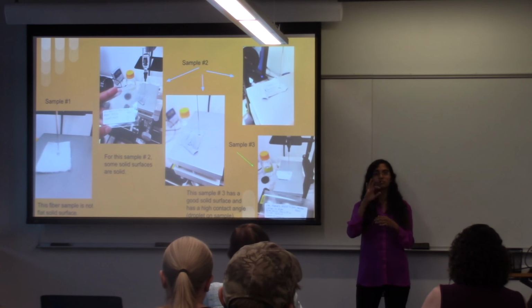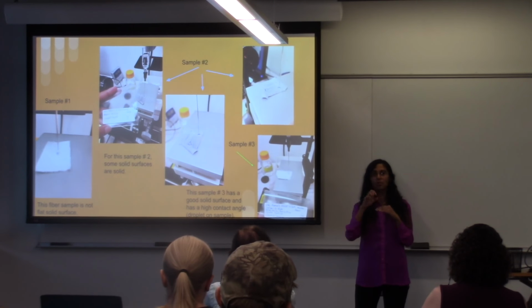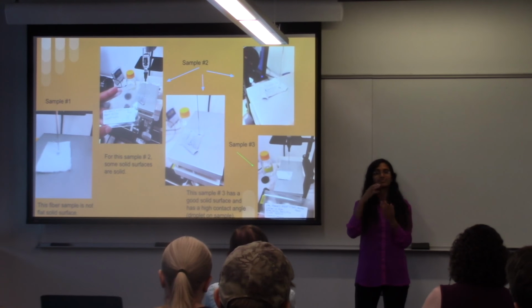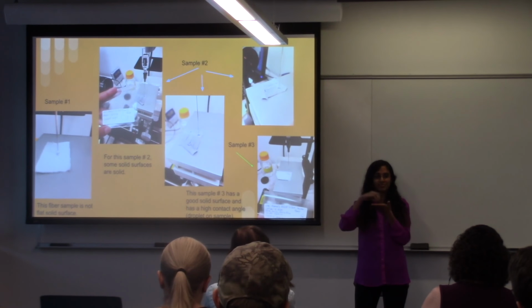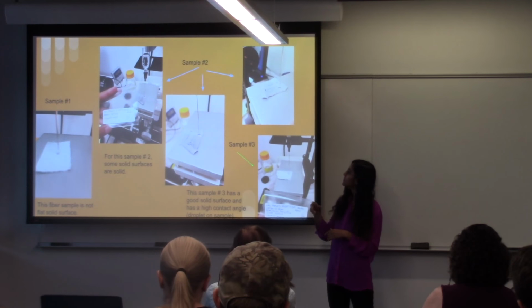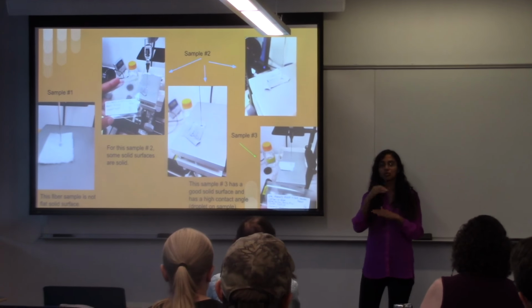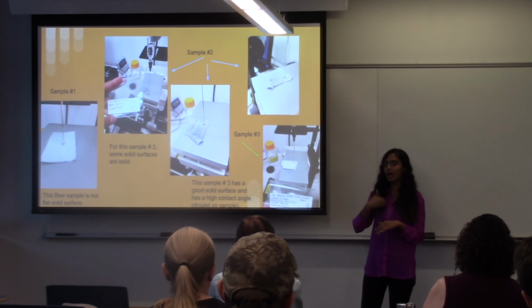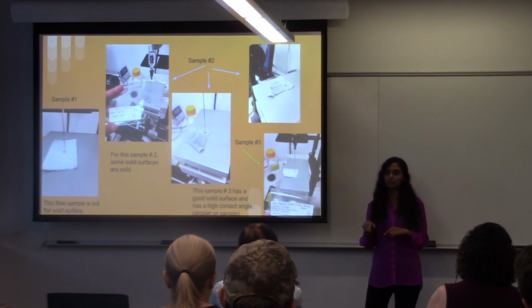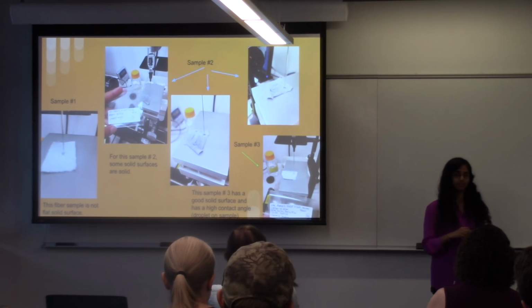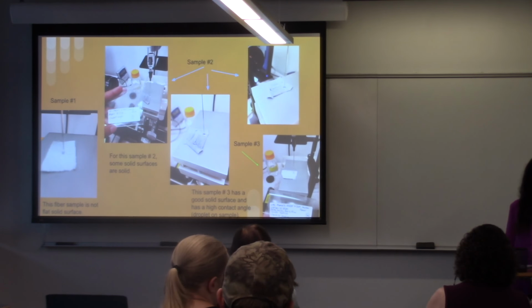In the procedure, we're looking to find a flat surface on the sample for the water droplet. If we don't have a flat surface, we don't get a good measurement of the contact angle. And in this picture on the bottom right, we do have a good flat surface, and we found that we had a high contact angle with that sample.